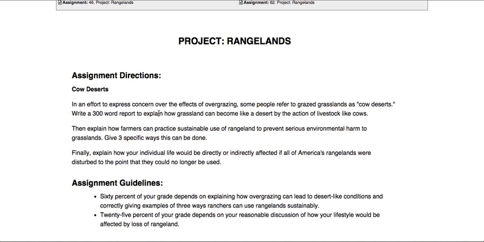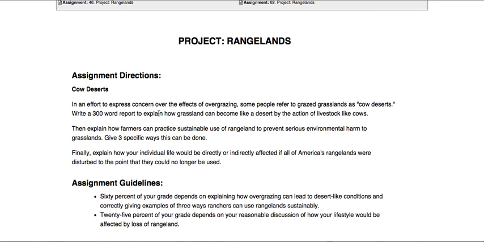Second part, 3 examples of how farmers can practice sustainable use of rangeland to prevent serious environmental harms. So again, going back to the points that we discussed on how to reduce or restore disturbed rangelands, give me 3 specific examples on how to do that. And that's the second part of the question.